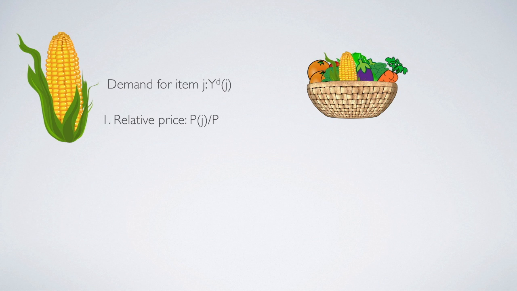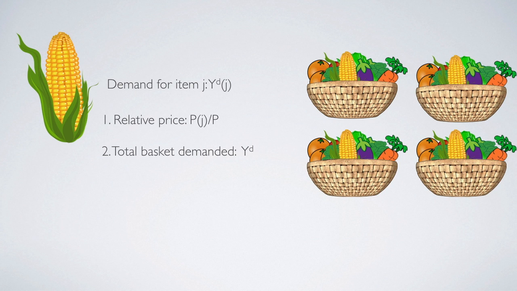There are other things that can affect the demand for this item. The second thing is the total basket demanded, for which we use the notation YD, representing the aggregate demand for the economy. So aggregate demand is the demand for the basket. If the total demand for this basket increases from one basket to 4 baskets in this case, then of course, if the economy is buying more baskets, the demand for each item would definitely increase.